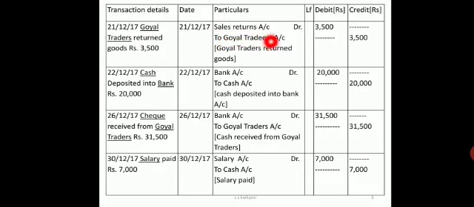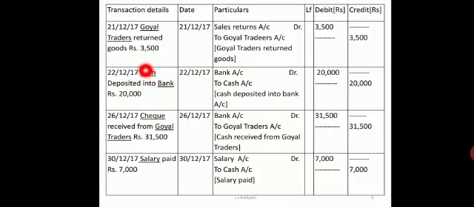So Goyal traders are debtors, so they are decreasing themselves by 3,500. So journal entry, sales returns account debit to Goyal traders account 3,500 and 3,500.